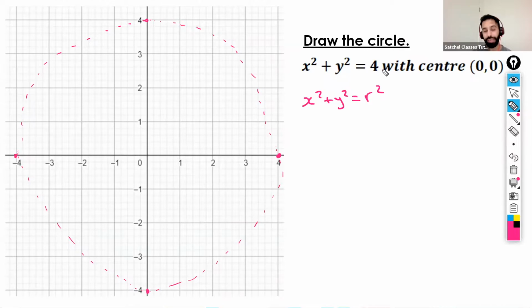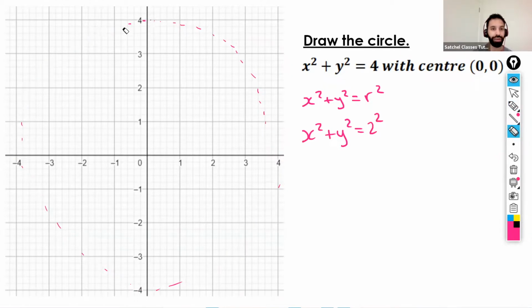We can rewrite the equation as x squared plus y squared is equal to 2 squared. Therefore, our radius is not 4, but instead it's going to be 2. So we would have to mark the point at 2 on our coordinate axes, and what it would look like is this. We'll have 1 point here, 1 point here, 1 point here, 1 point here.